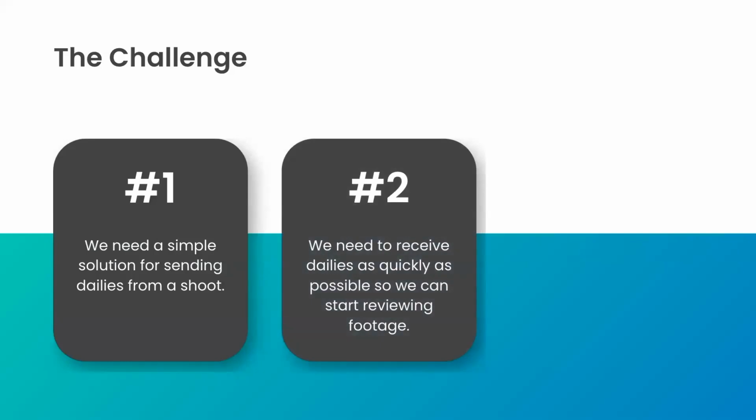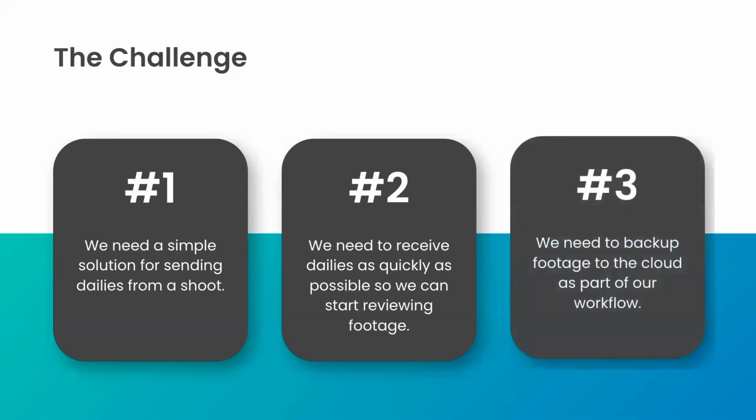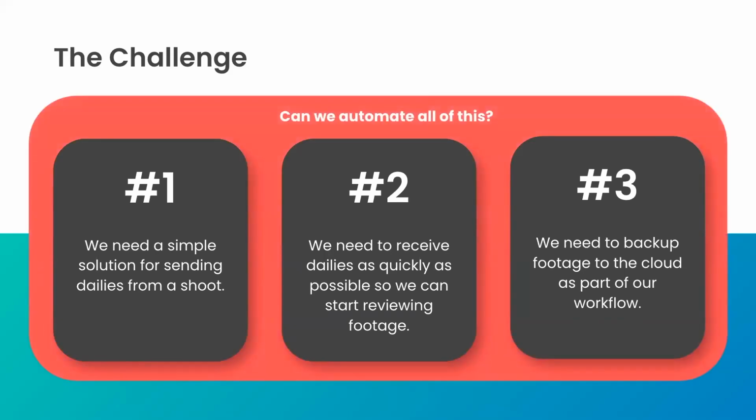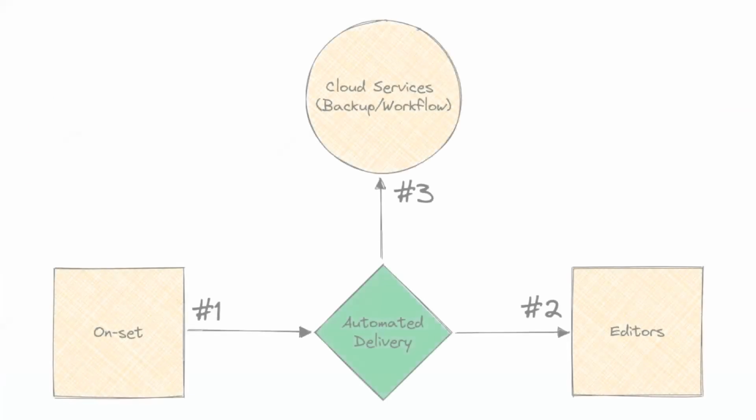So we need to minimize waiting time by simplifying our ingest workflow and make it easy for our collaborators to submit footage, like dailies for editorial. And these days, backup and integration with other services is essential to any workflow. So we also want to back up these files into our media asset management system, like Iconik, for example. So what if we can solve all of these challenges elegantly while minimizing required interactions with automation?